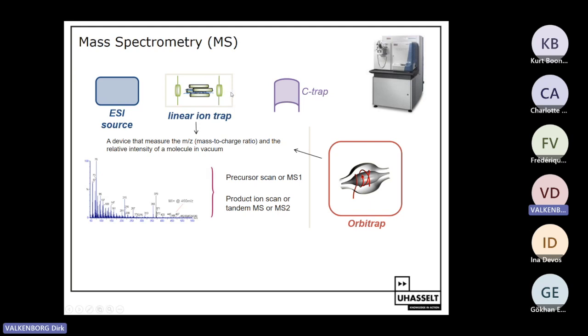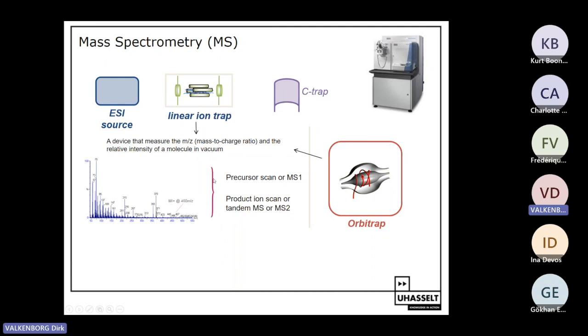Well, having said that, nowadays we've seen also quadrupole Orbitraps, where also the MS1 spectrum and the MS2 spectrum is actually recorded in the Orbitrap. Now I need to talk to you a little bit more about this difference between the MS1 and the MS2.